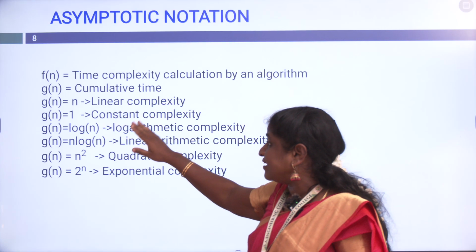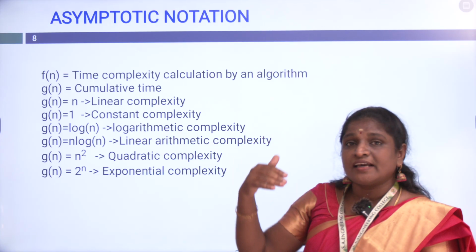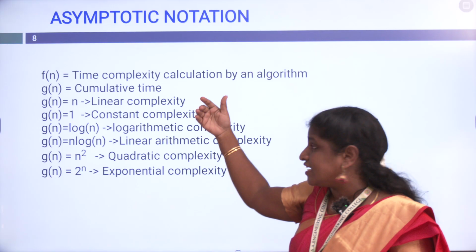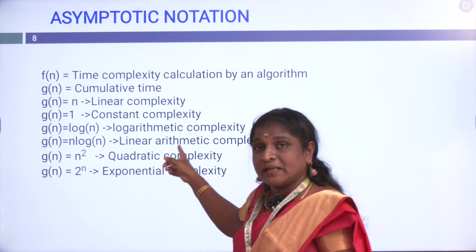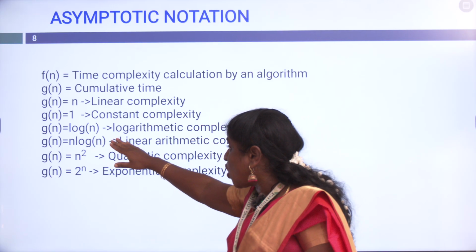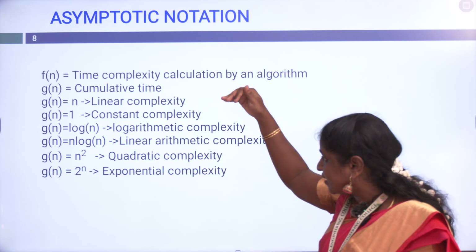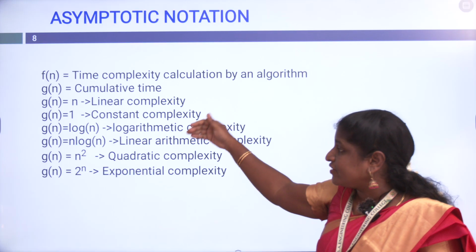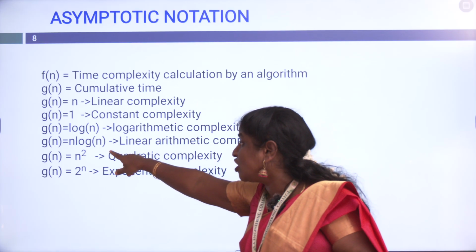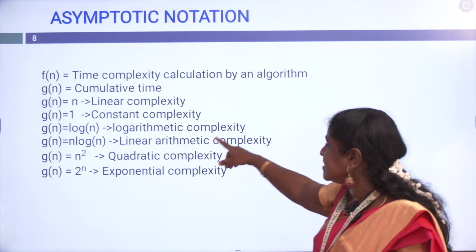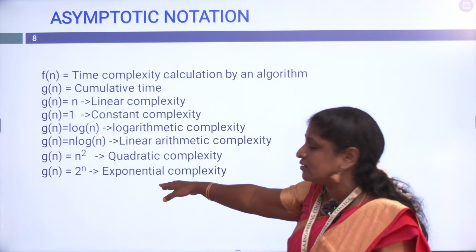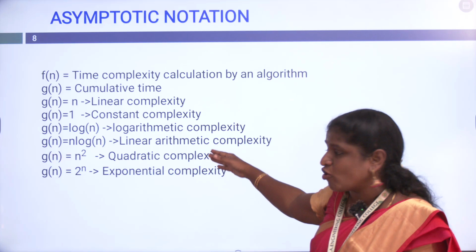If g of n is n, then the particular problem comes under linear complexity. When g of n is 1, that is constant complexity. If g of n is log n, the problem comes under logarithmic complexity. If g of n is n log n, that is linearithmic complexity. If g of n is n square, that comes under quadratic complexity.